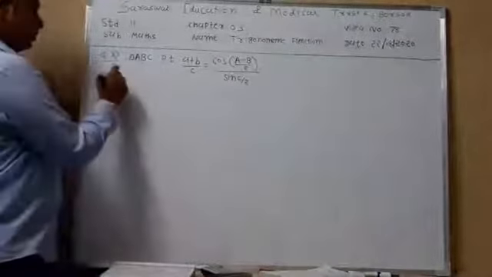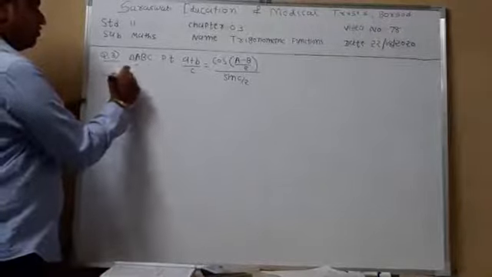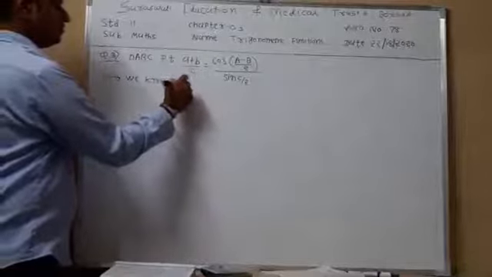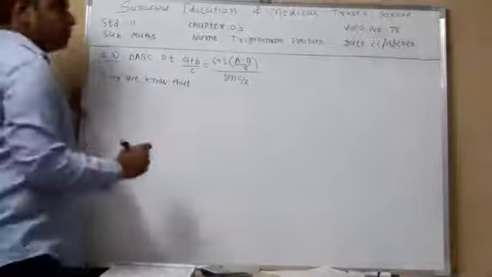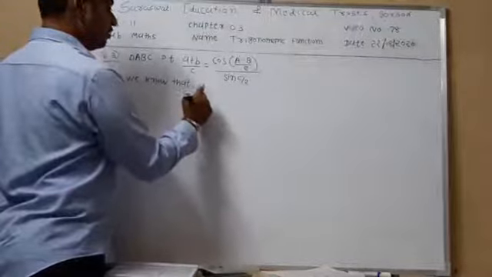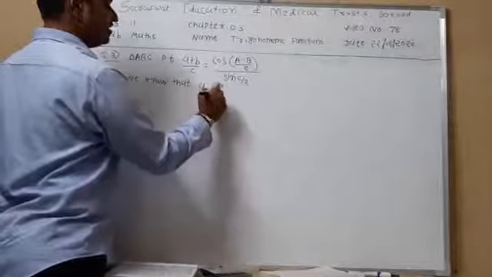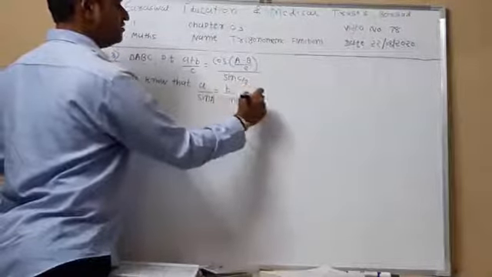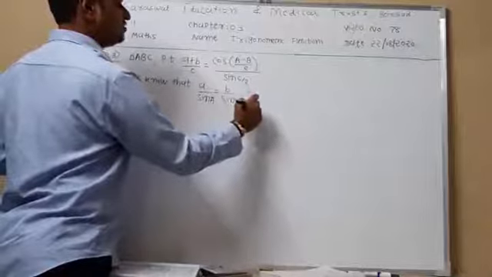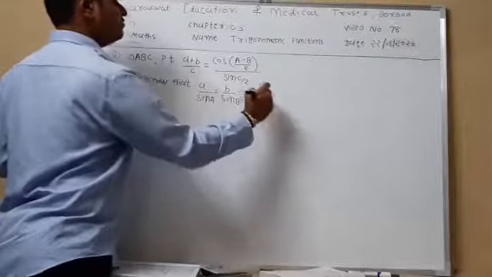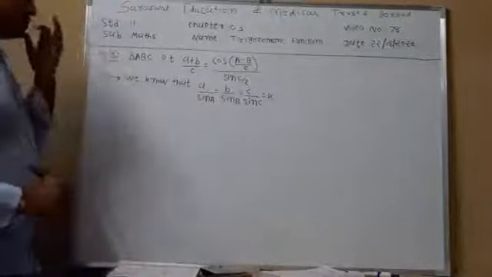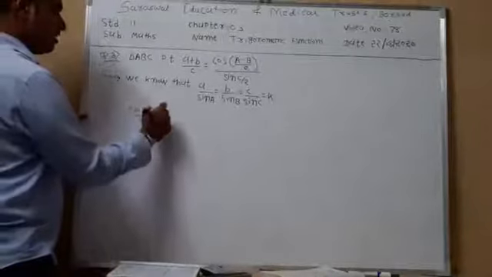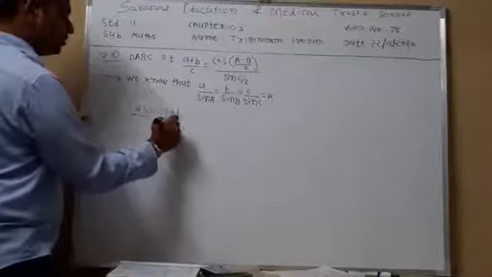So first of all, we know that a upon sin A is equal to b upon sin B is equal to c upon sin C is equal to k. Now start from the LHS side, a plus b upon c.